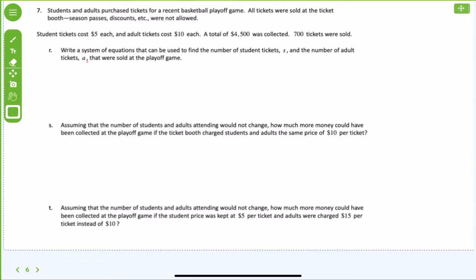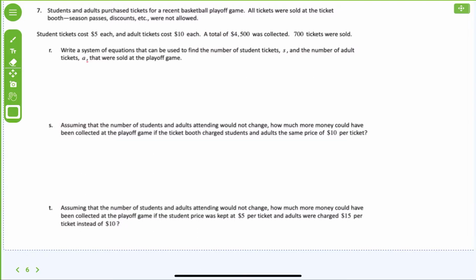Okay, that's all that is available at this particular time. Now, student tickets cost $5 each. Adult tickets cost $10 each. A total of $4,500 was collected, and 700 tickets were sold.